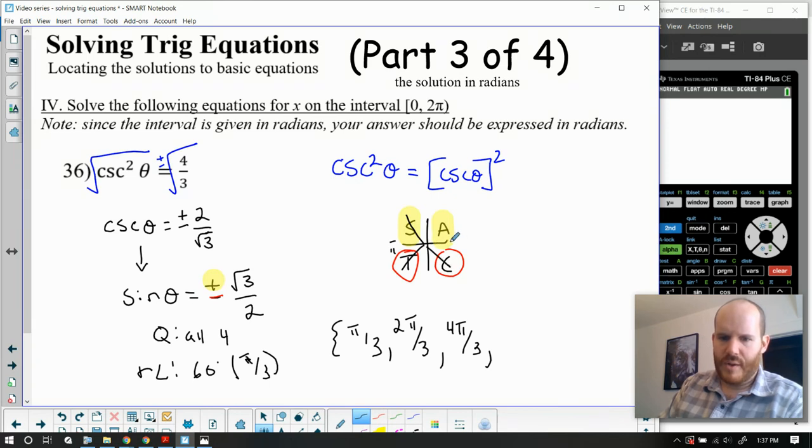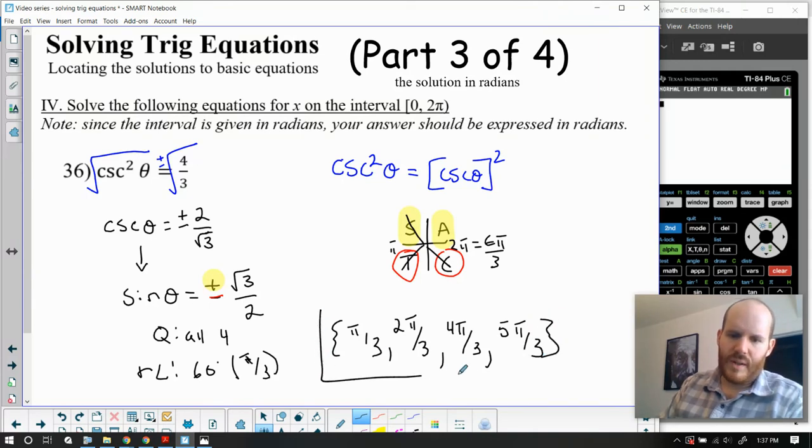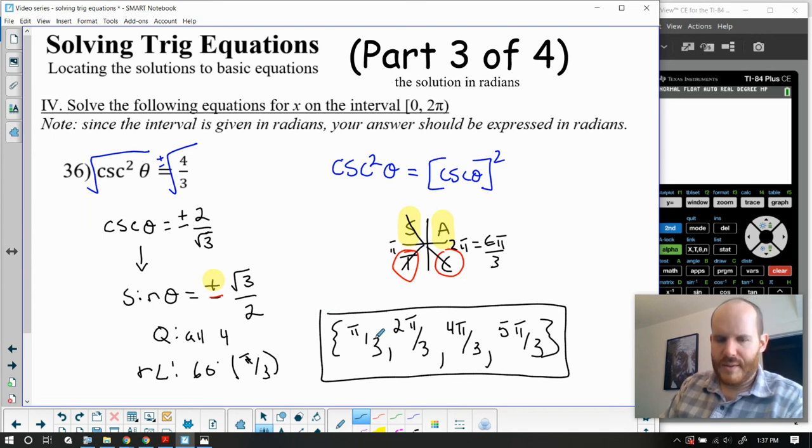And in the fourth quadrant, it's one third short of 2 pi. If it helps, you can think of 2 pi as 6 pi over 3, and if I go one third short of that, I wind up at 5 pi over 3. So I wound up with pi over 3 in each of the 4 quadrants, giving 4 answers. The reason is that I get 2 answers from the positive value and 2 answers from the negative value, so altogether I have 4 solutions to this problem.